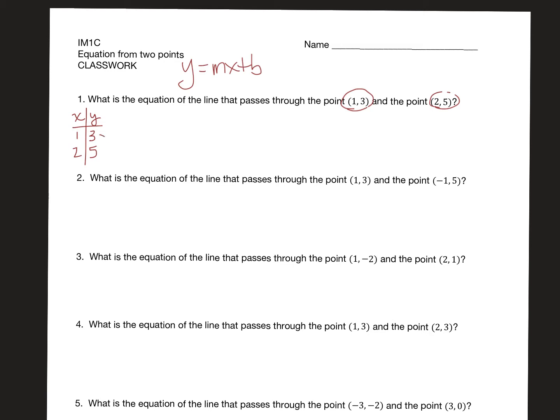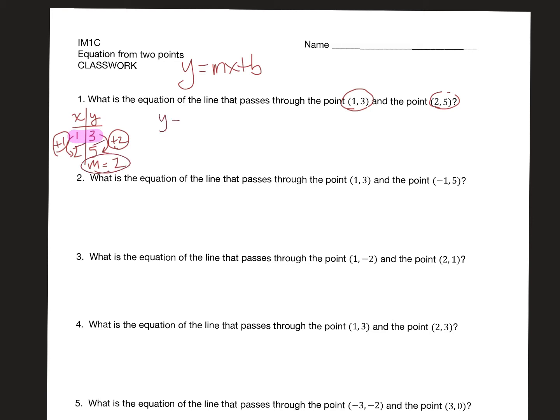You're going to find the change of y, which in this case is adding 2, and the change of x, which in this case is adding 1. If you remember, m is just the change of y over the change of x, in this case 2. Then you just have to pick one of these points. It does not matter which one. When I did this video yesterday, I highlighted the one I was going to use. So now I have an m, I have an x, and I have a y.